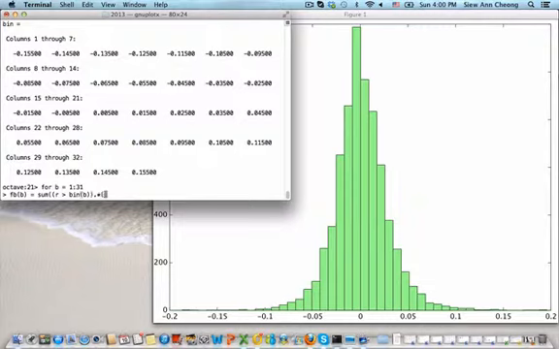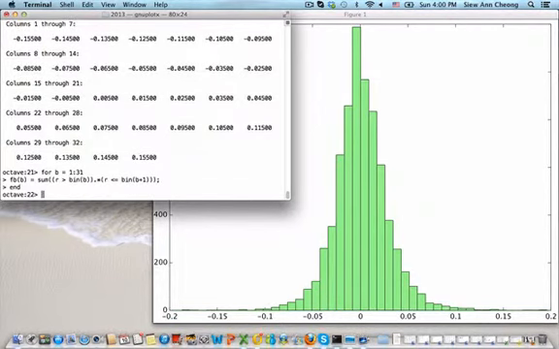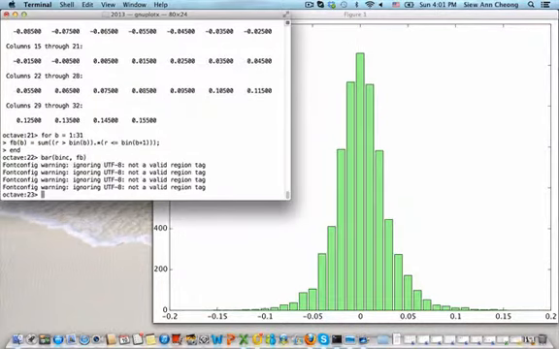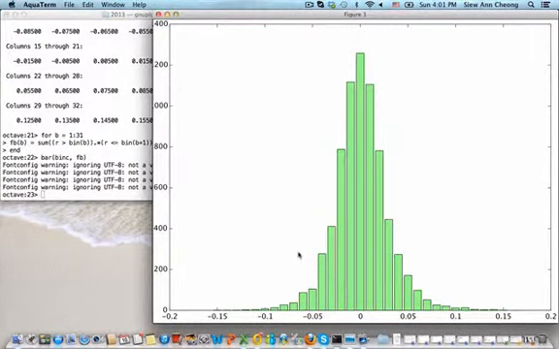At the same time, it must be less than or equal to the upper bin edge, which is bin edge b plus 1. If we do this, we plot n, and then we can just bar this bin center against fb, and we will find the same distribution between minus 0.15 and 0.15.